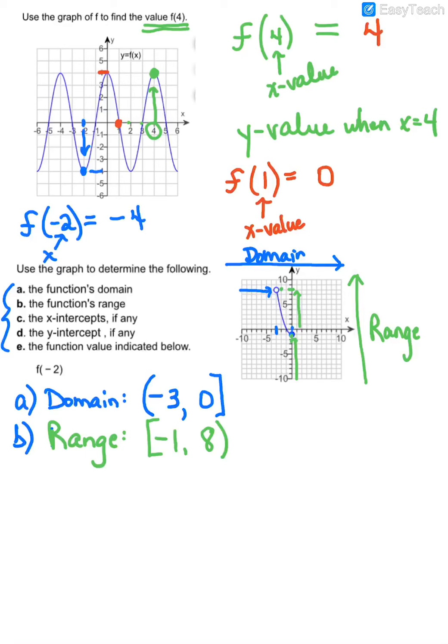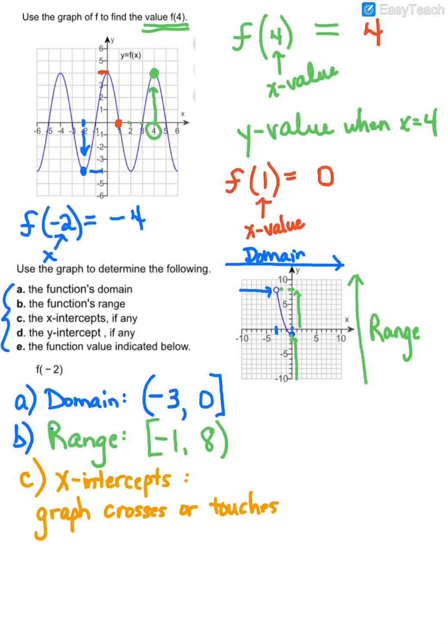All right, part C is asking me about x-intercepts on the graph. X-intercepts are going to be where a graph crosses or touches the x-axis. So you're looking for where a graph crosses or touches your x-axis.